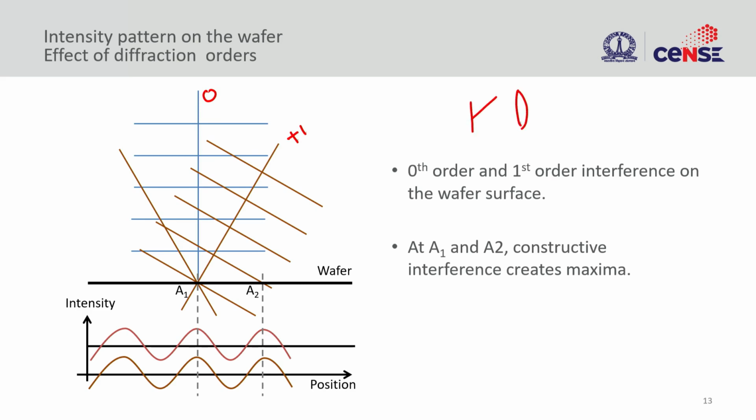We had this diffracted light going out from the mask, and now I have the wafer. On the wafer I am capturing these orders and putting them back. This is the job of the projection lens. That is the reason you have this angle: you are focusing it.